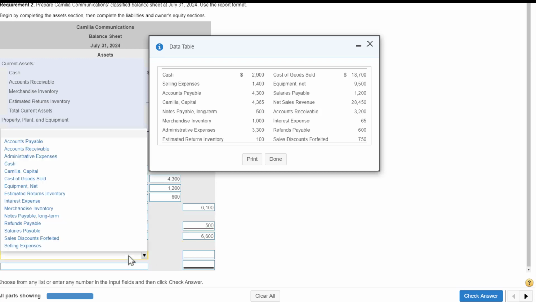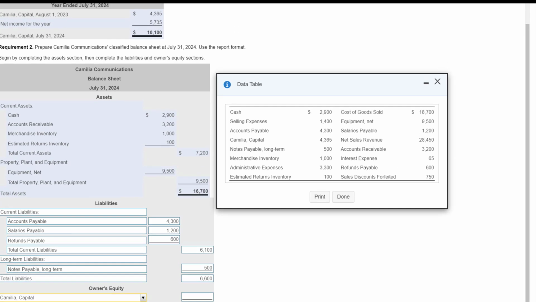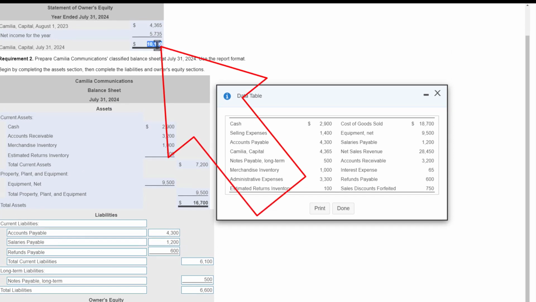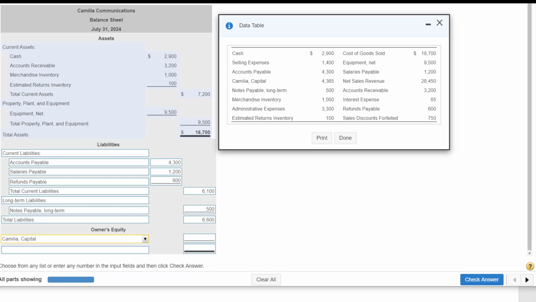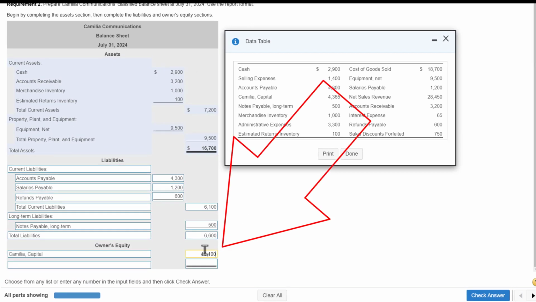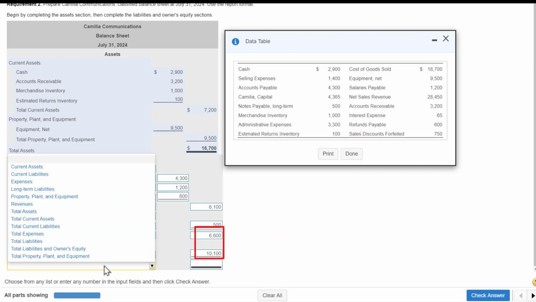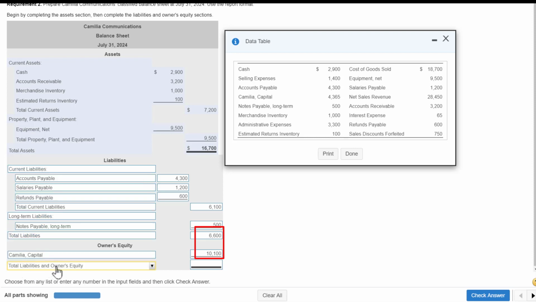And then owner's equity, we have capital. Where's the capital account? There we go, Camellia Capital. We get that from all the way up here from the statement of owner's equity, 10,100. I'm going to copy that. Now remember the last line is basically the formula for the accounting equation: total liabilities and owner's equity.